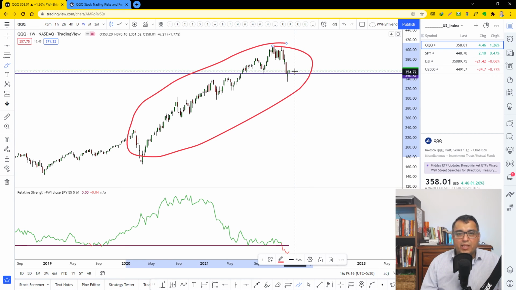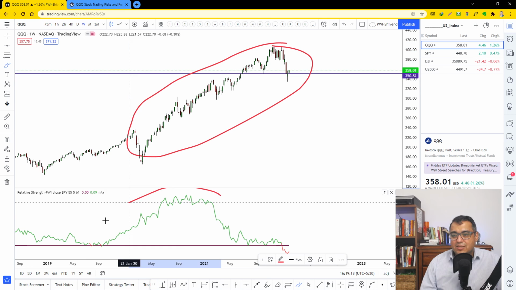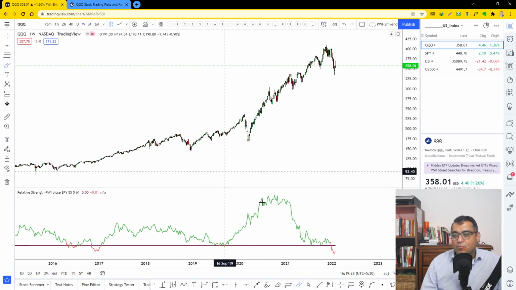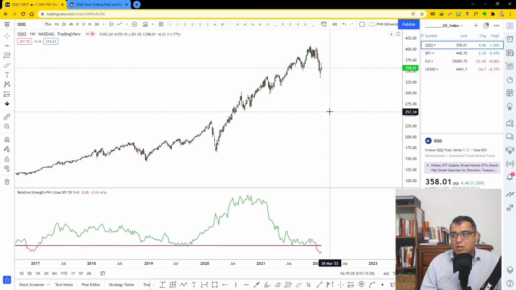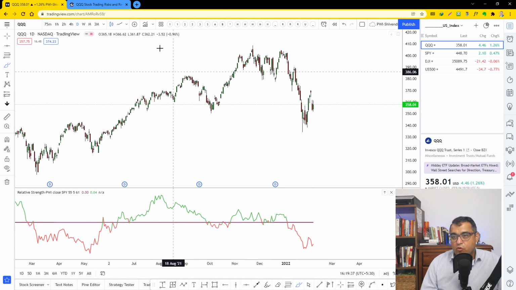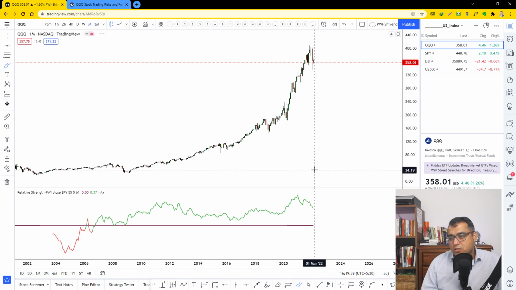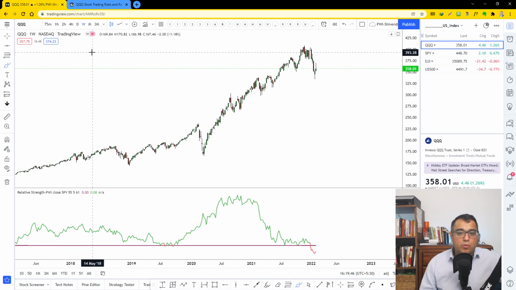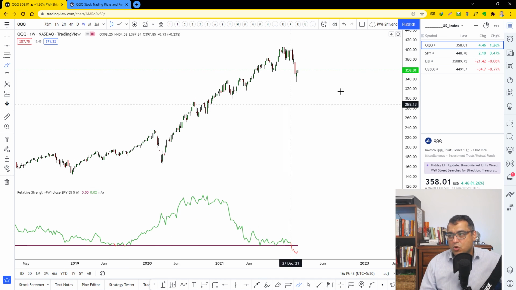They were making higher highs, and that's where you can see the relative performance against the SPY going up. We have to see whether that continues, but comparatively it is now not underperforming on the weekly chart, though on the daily chart it's still underperforming. On the monthly chart, obviously it is still a performer, but at the moment on the weekly chart it is looking weak, but it could be an opportunity for you to pick up some good stocks.